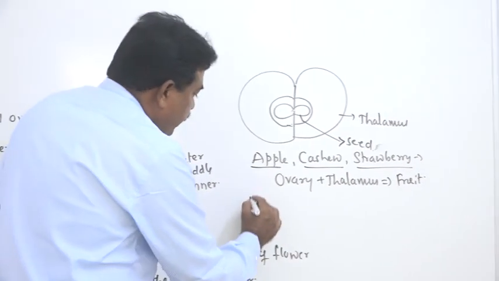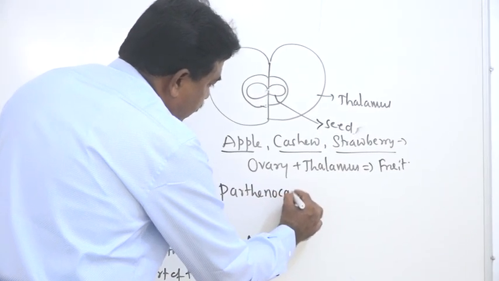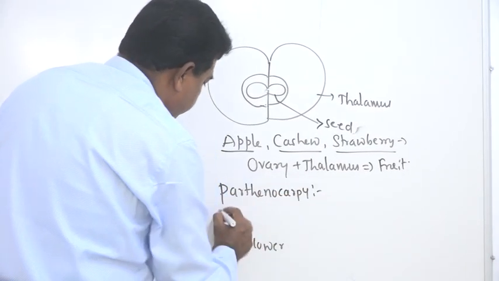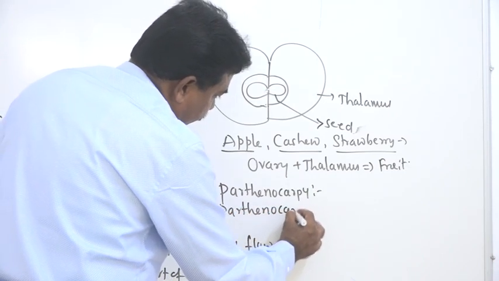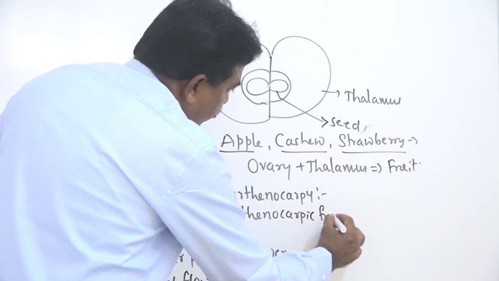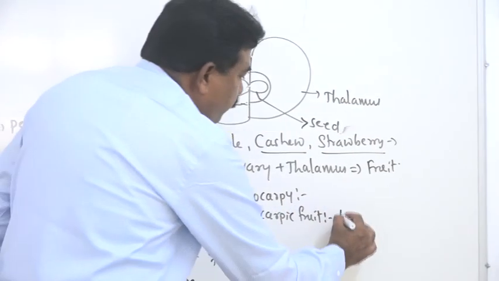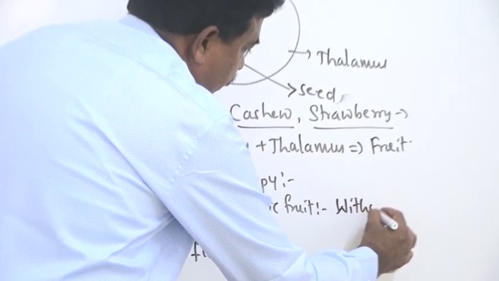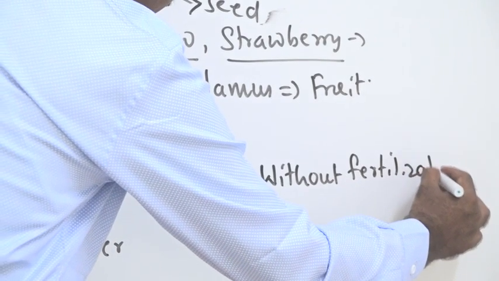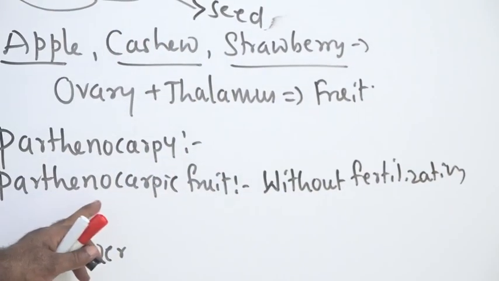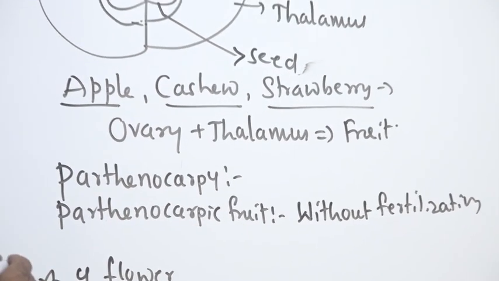Then, finally, what do we mean by parthenocarpy and parthenocarpic fruit? A fruit developed without fertilization is called a parthenocarpic fruit, and that process is called parthenocarpy.